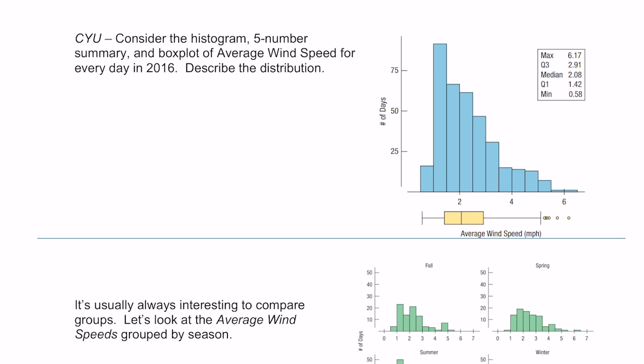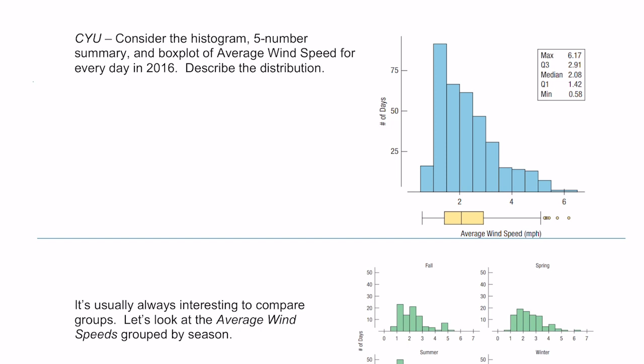Remember, when you need to describe a distribution, you want to talk about 4 basic things: the shape, the center, the spread, and then of course if there's any outliers or gaps that you see in the data. Here we would look at this graph and we can see that it's unimodal, it's got one peak, and it's also skewed to the right. The tail is on the right. So that takes care of the shape.